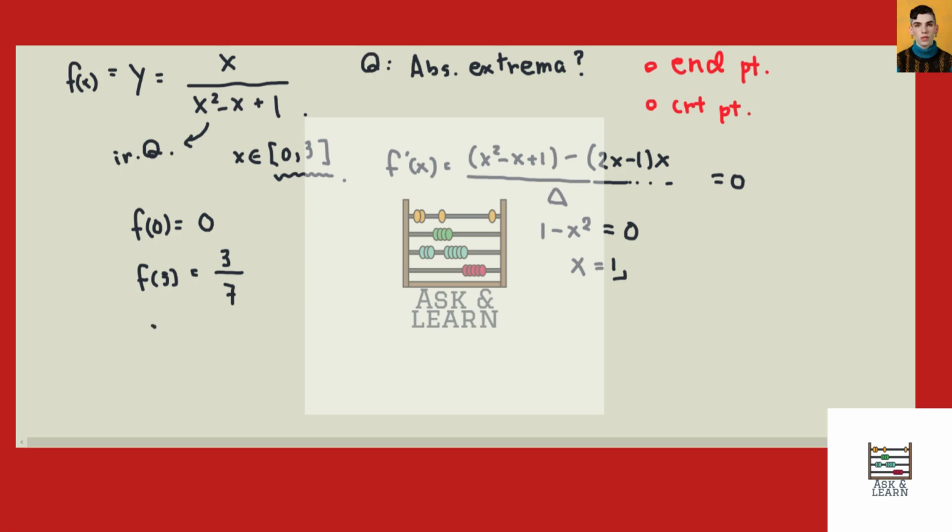Let's figure out what f of 1 is equal to. The numerator is 1, and the denominator, x squared minus x plus 1, is simply 1, so the remaining 1 makes this equal to 1. And 1 is, of course, larger than 3/7. Okay, so from this analysis, we figured out that this guy is going to be the absolute minimum, excuse me.